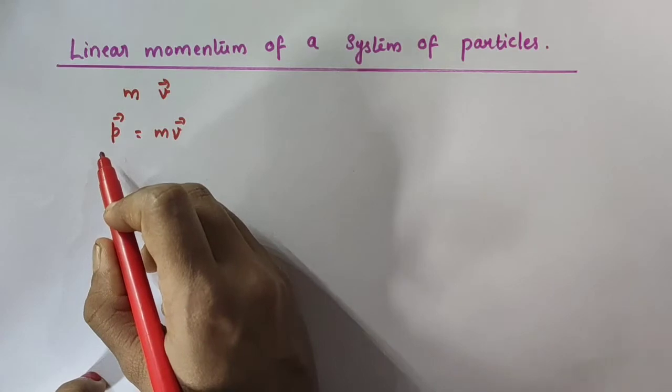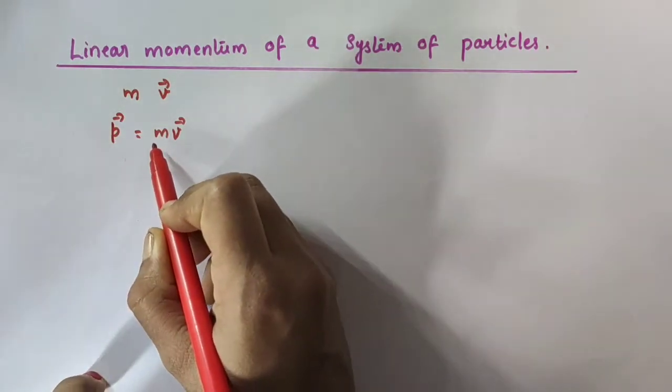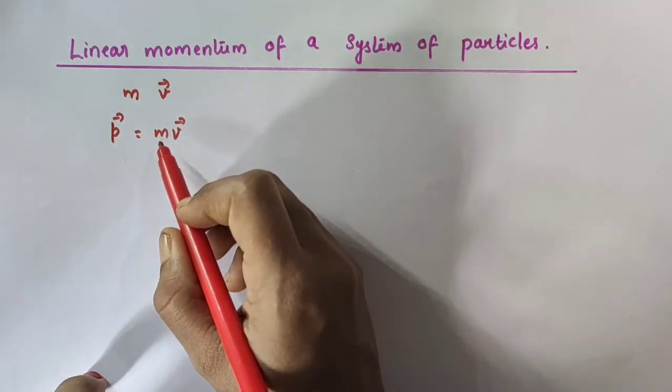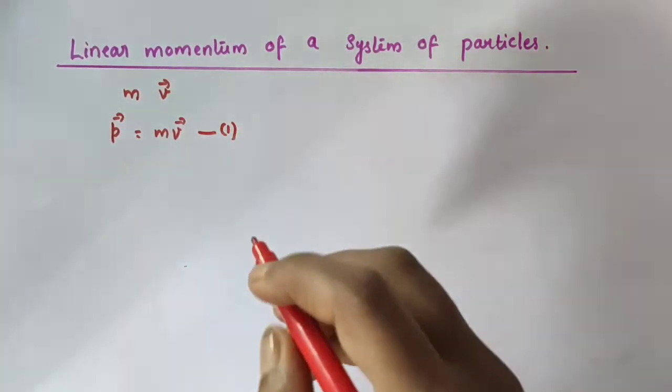So, linear momentum of a single particle, only one particle we are considering, and its mass is m, it is moving with a velocity vector v. So, its linear momentum is defined as the product of its mass and velocity, and I am taking this as equation number 1.